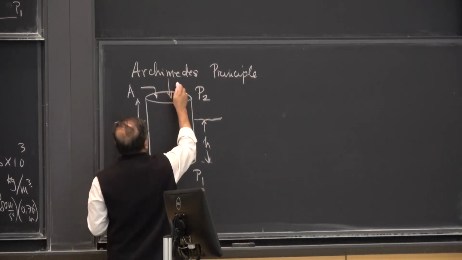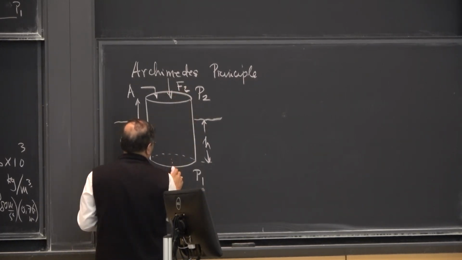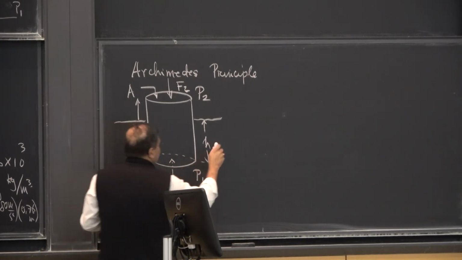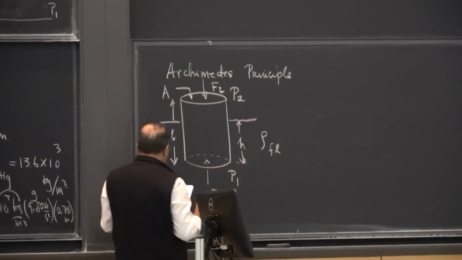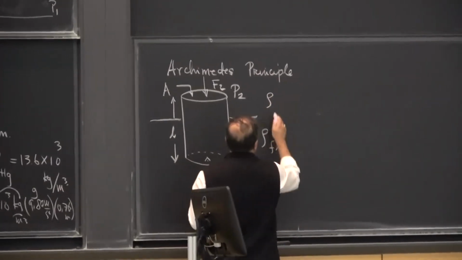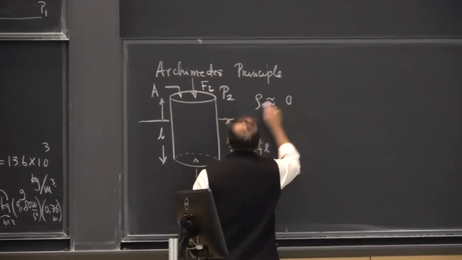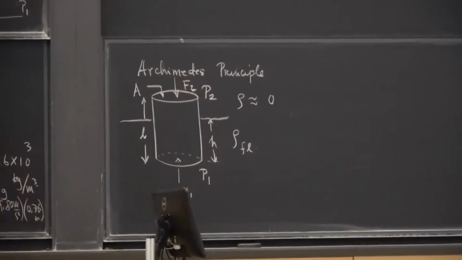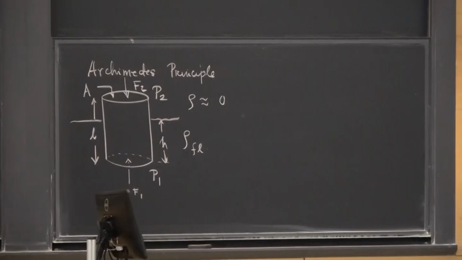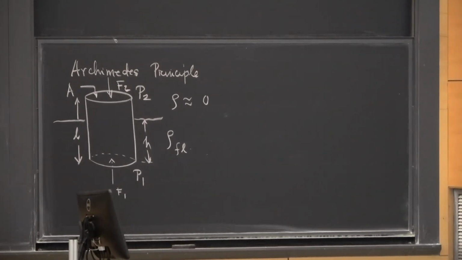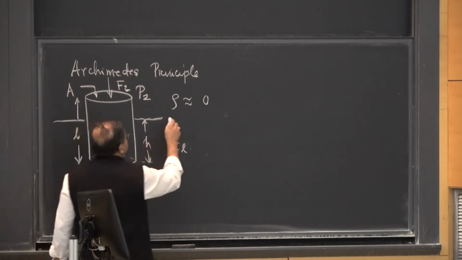So one can think about an F2 here, like before, and an F1 here, and this can be the density of the fluid, rho. I can also assume for now that the density of air compared to the density of the fluid is roughly equal to 0. It is not, but because it is so much smaller than the density of the fluid, I can just assume that the density of the fluid is all that matters. This is air.